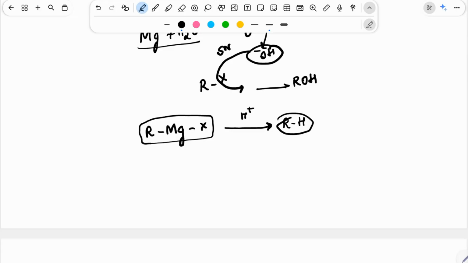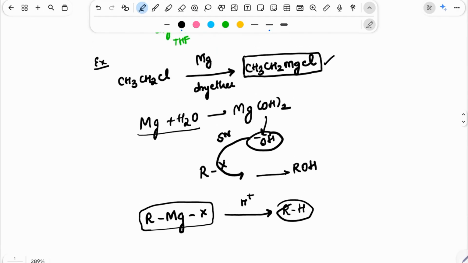If we use water as a solvent, we will not get the expected product. First, the magnesium can react with water. Otherwise, the Grignard reagent can get H+ from water and be converted into hydrocarbons. Because of these two reasons, we do not use water. Not only water, we should not use any H+ donors like carboxylic acids, alcohols or phenols. That is the main reason.